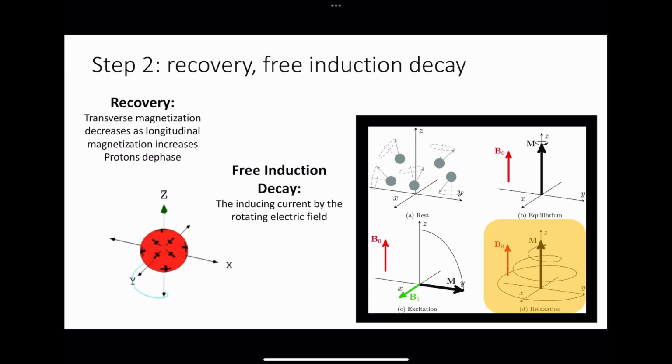This spiral and rotation is actually what induces the electric signal by the process known as free induction decay. Free induction decay is the current that is induced by the rotating magnetic field, which is called the right-hand rule. Of course, it's not the same as the right-hand rule used in dynamics, however, it is still a version of a right-hand rule. Again, this stage is highlighted in yellow.